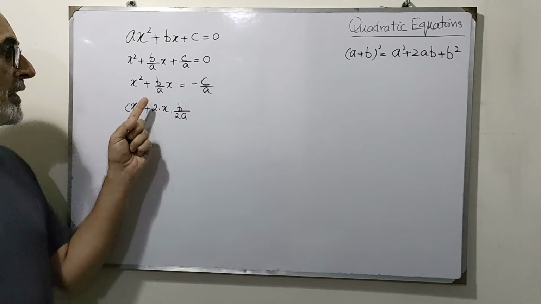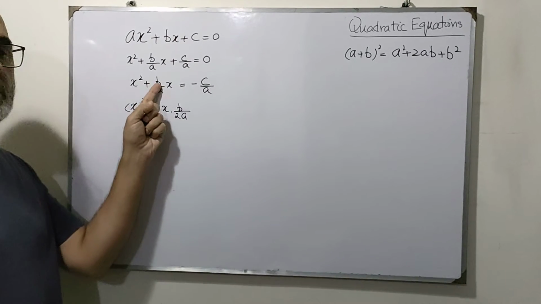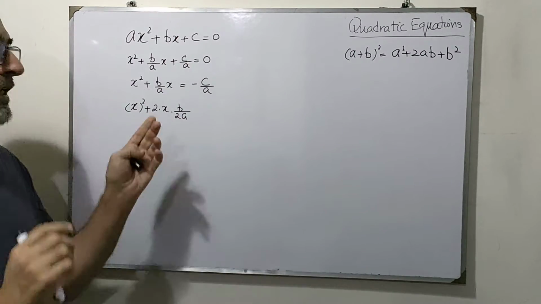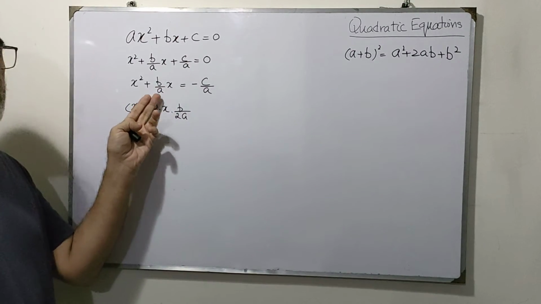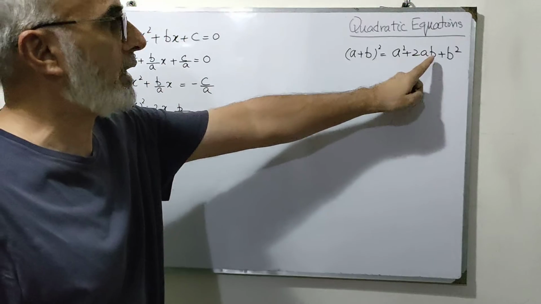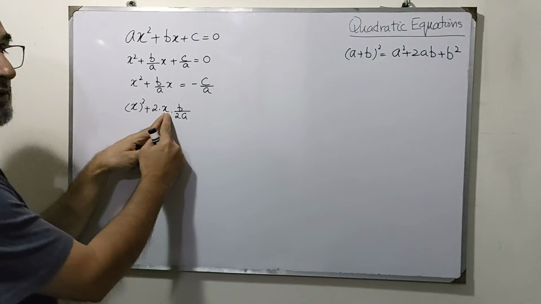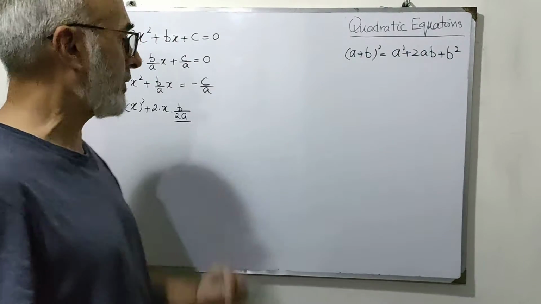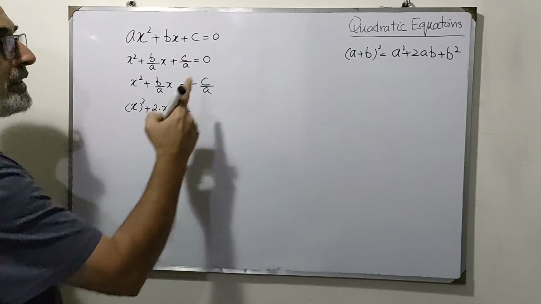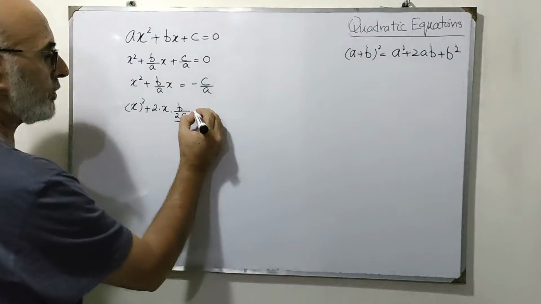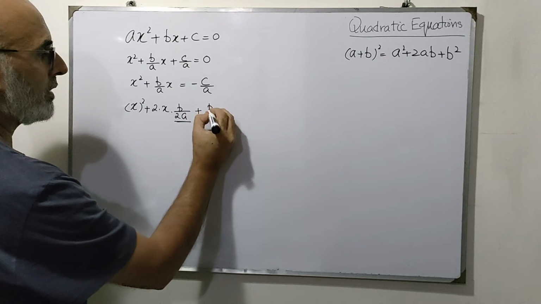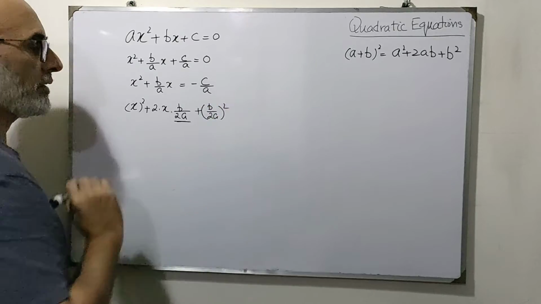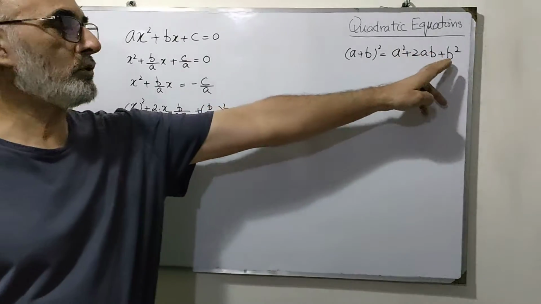That means this is going to reduce to b over a x. I have worked out how to get this term, and this is exactly like 2ab. So this is a and this term is actually representing b. And if this is b, then we need a b square as well. So plus b over 2a square. So this is b square.